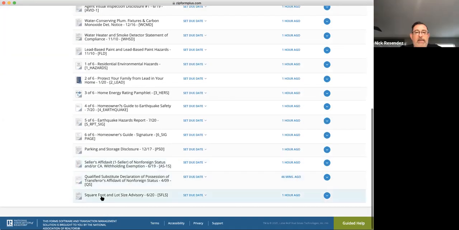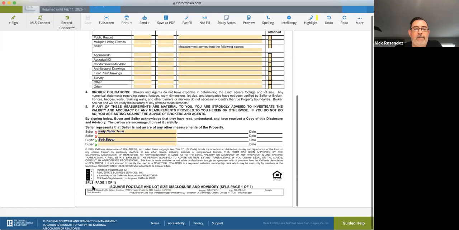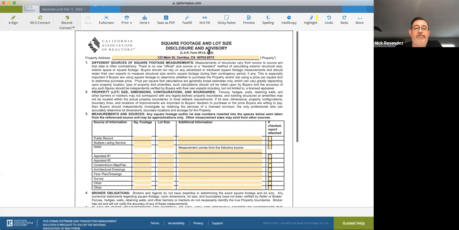We are. This one we don't make required, but I think it's usually a good idea, especially if there's a discrepancy in data. This is our square footage and lot size disclosure and advisory. It's a brand new form, just came out this year, in June, okay.